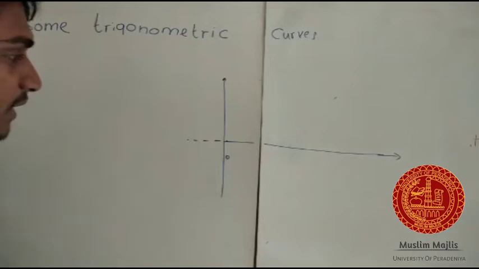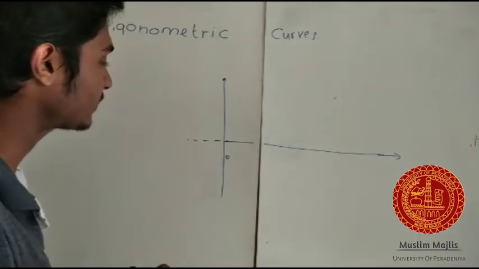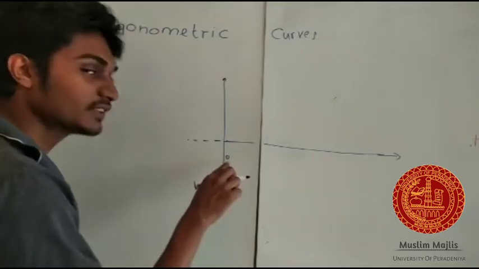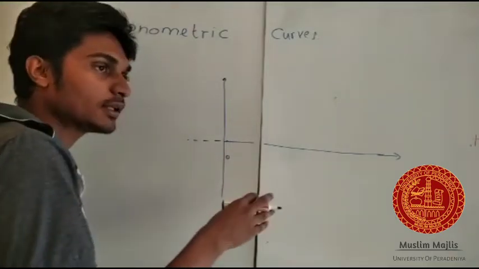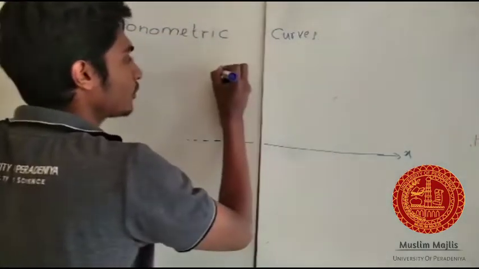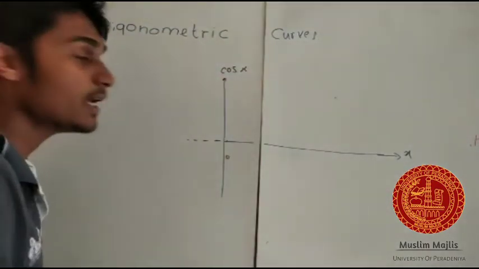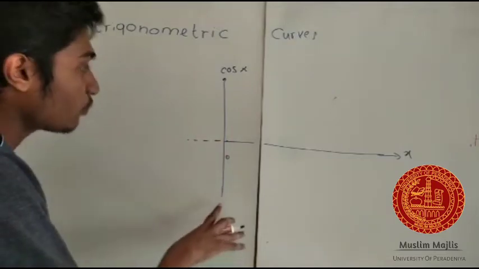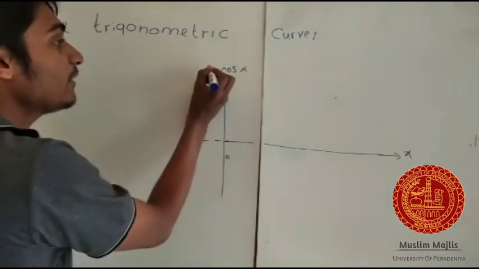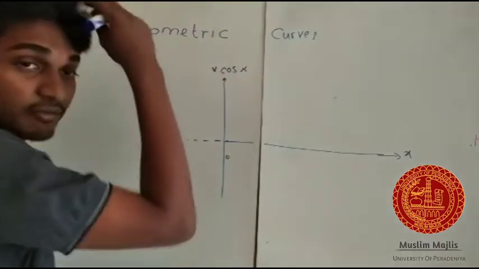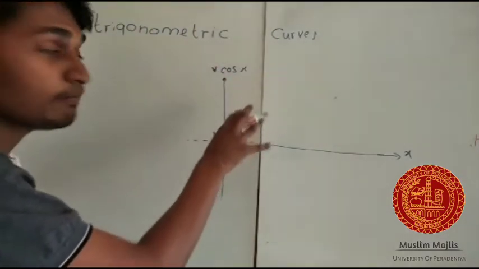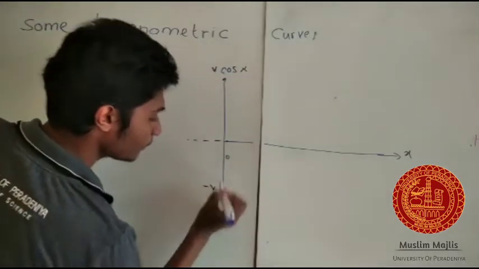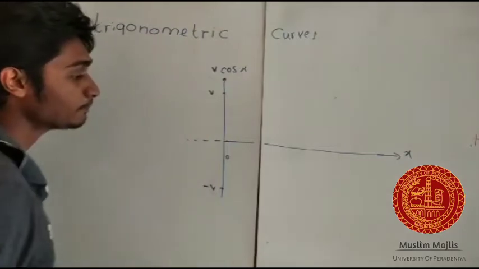Now, if this is x and this is cos x, cos x is going to vary between minus 1 and plus 1, right? If there was a coefficient, let us say v, then the range is going to vary from minus v to plus v, right?